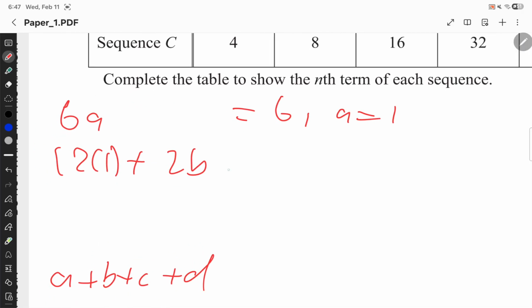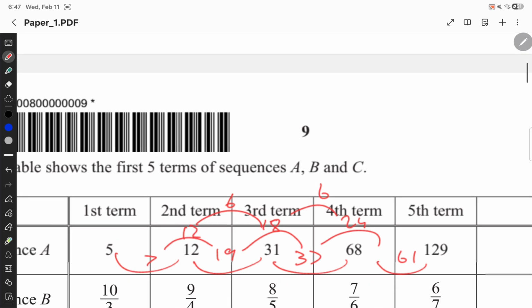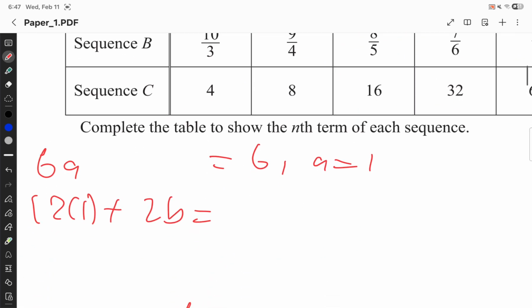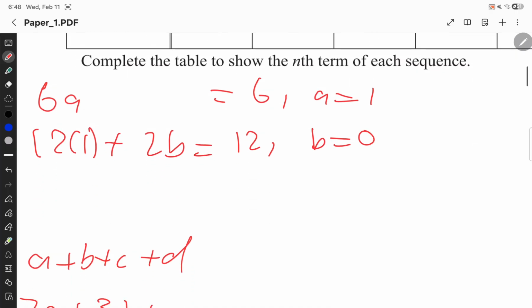So this is 1 plus 2b, and this is the second difference, so this will be the value of 12. Using a calculator, you can quickly find b. 12 minus 12 is 0, 2b is equal to 0, so b is equal to 0 as well, since 0 over anything is 0.